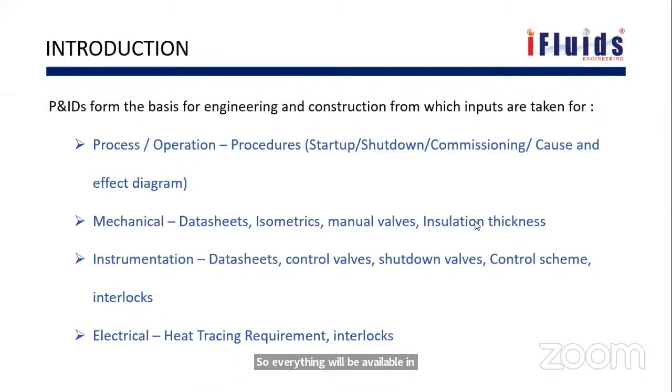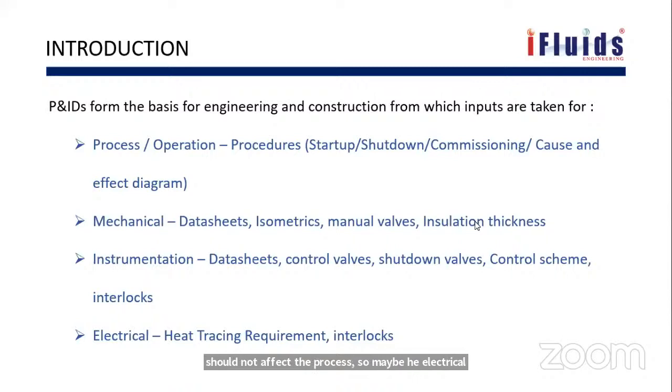And electrical, of course, has minimal interaction with the P&ID, but these are very significant. Heat tracing requirements: suppose the plant is in a colder region, then we need to maintain temperature, because atmospheric temperature will be much lower than the process temperature, and that should not affect the process. So maybe electrical heat tracing would be required.